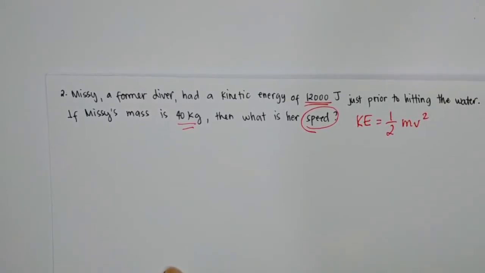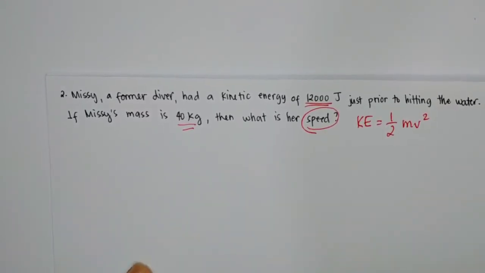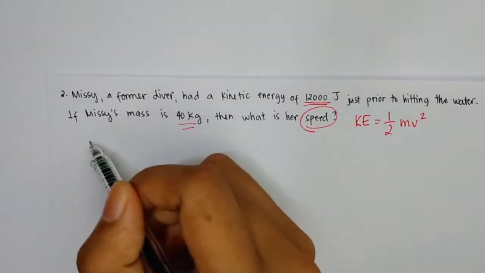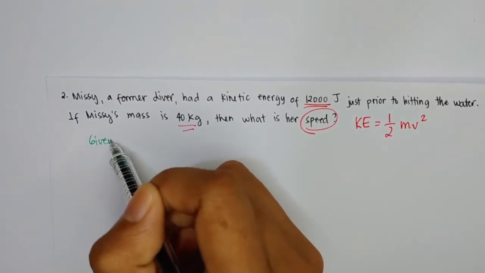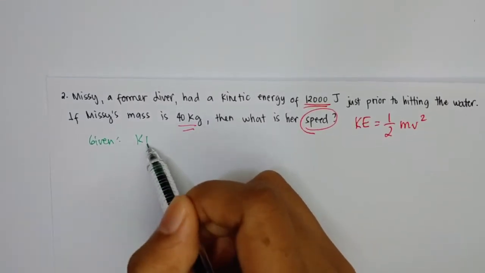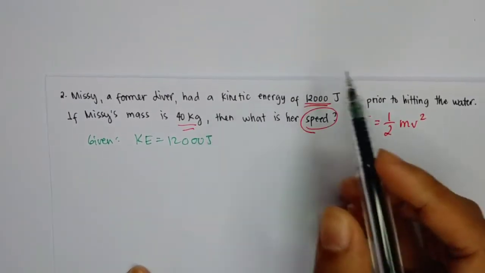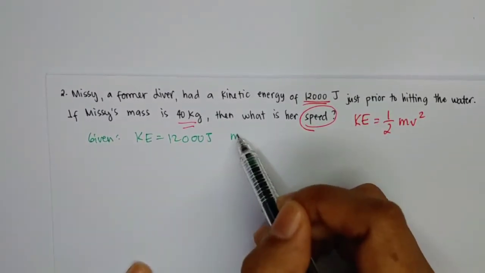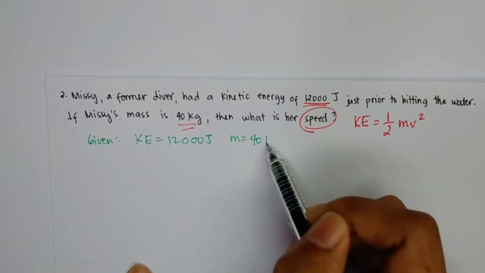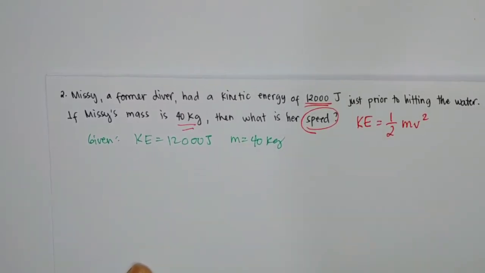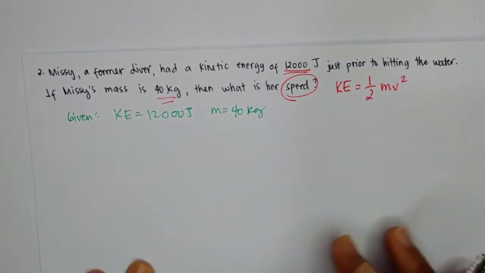So, let's substitute our given natin. Let's identify our given. We have here our kinetic energy, that is 12,000 joules, and our mass is 40 kilogram. Okay, so substitute natin ito sa ating formula.